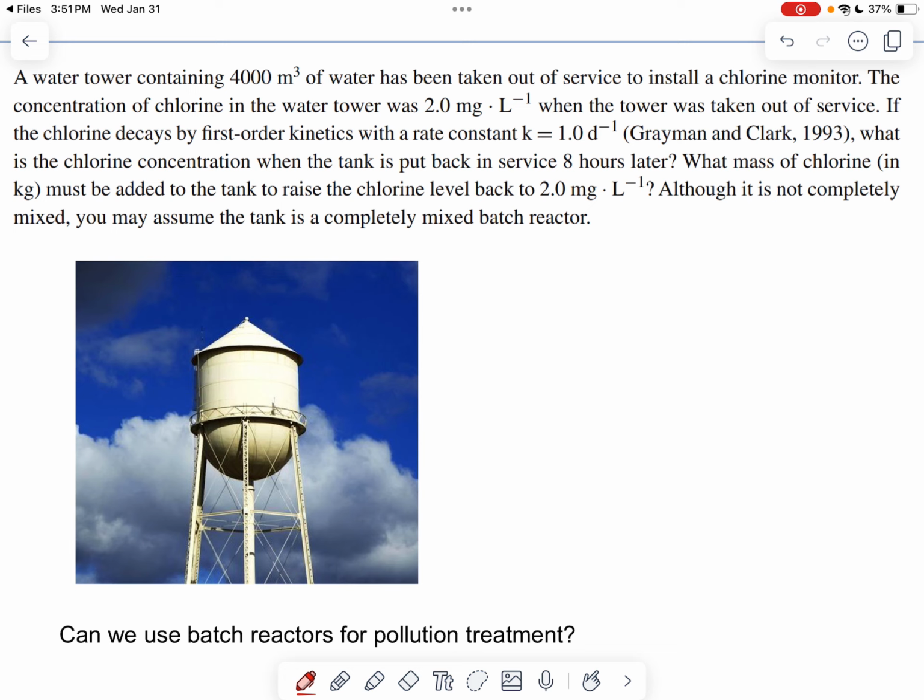For example, for those of you who live not mainly in urban areas, let's say if you live in the suburb, then normally you will see these huge towers, right? These are the water towers.